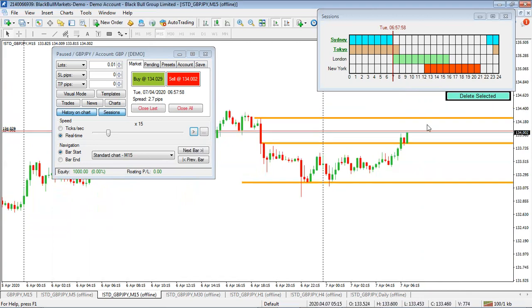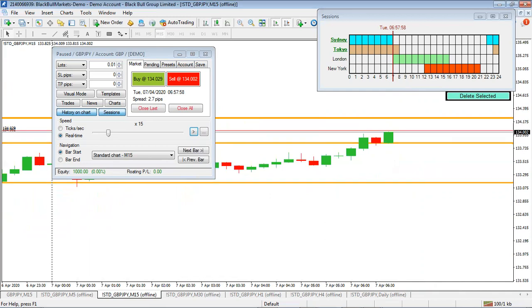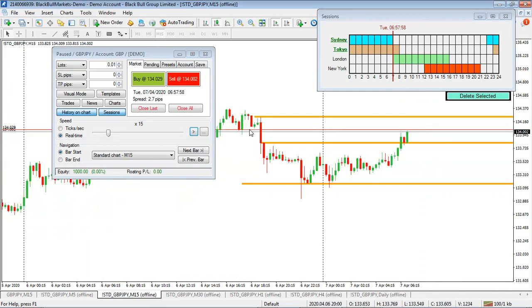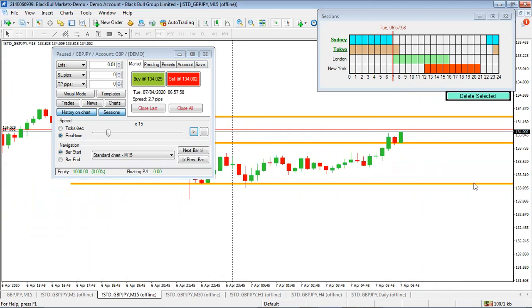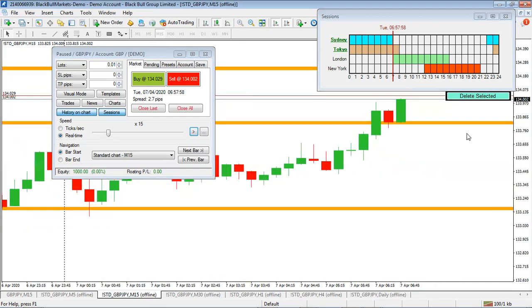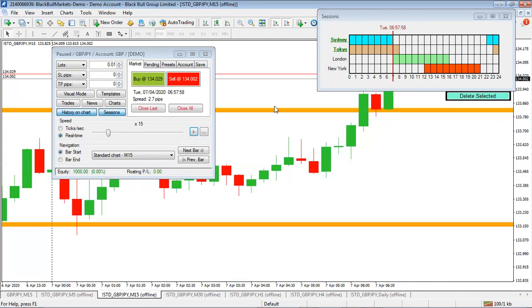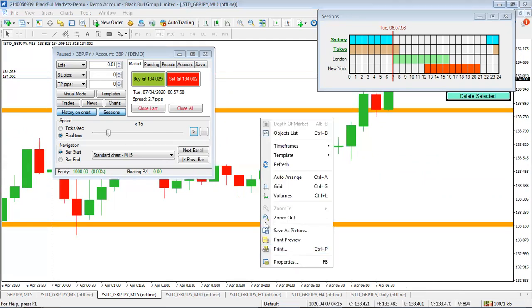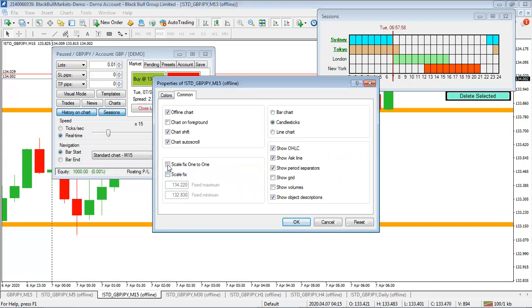What I'm expecting from my side is that, let me zoom this. I already know it's clean from here until the top there. So now, watch this out. Hey, let me center this. Scale fix.